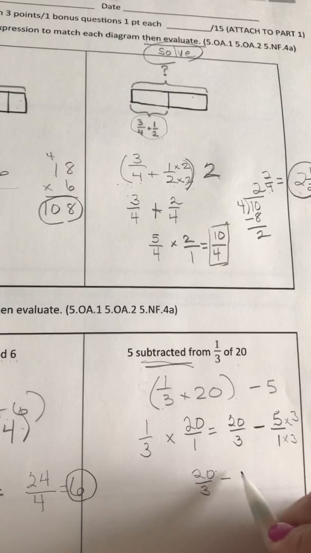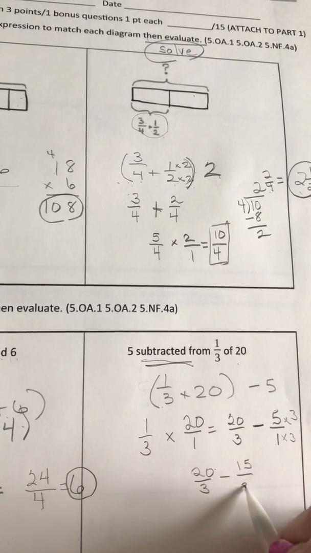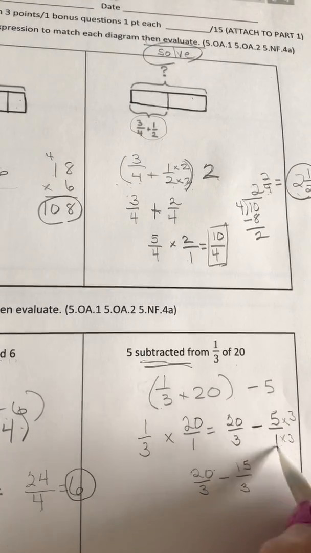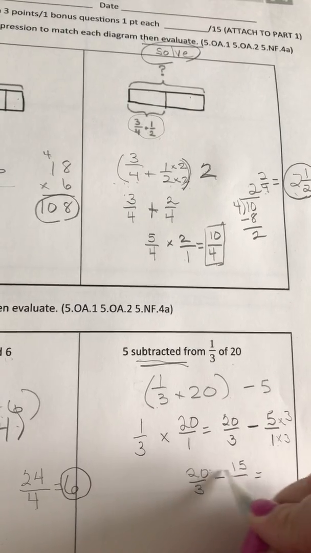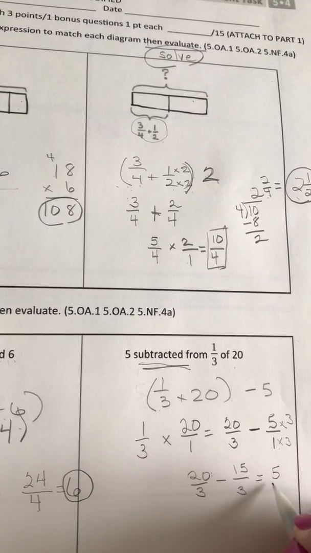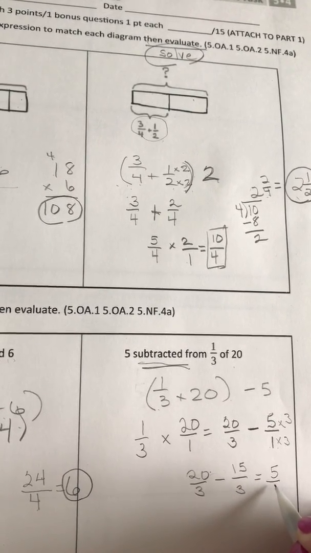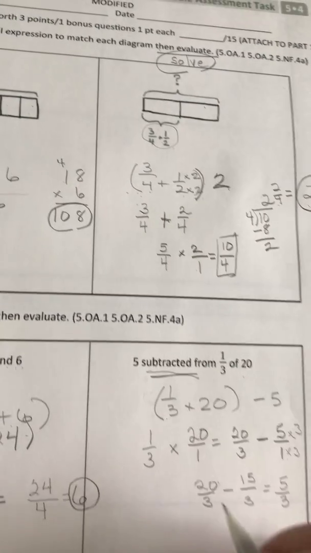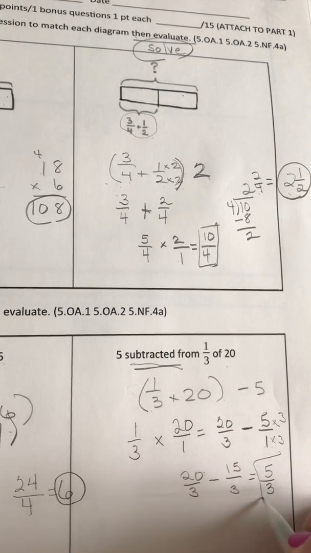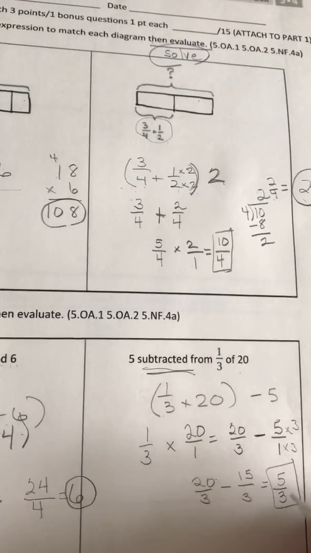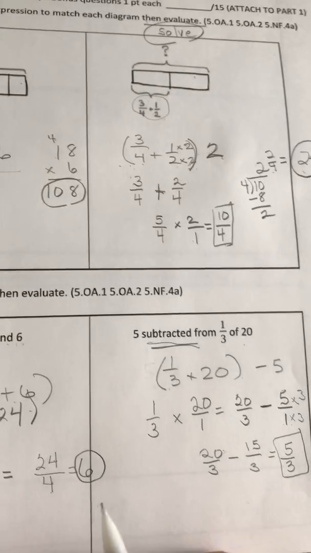Over 3 minus 15 over 3. This is equivalent to 5 over 1, which is 5 over 3. And then, if it's improper, you can go ahead and divide that out.